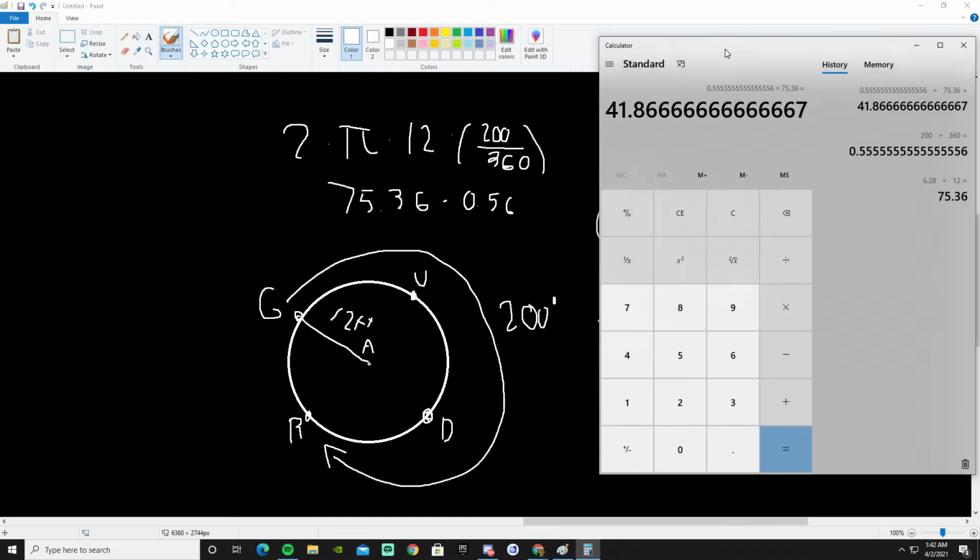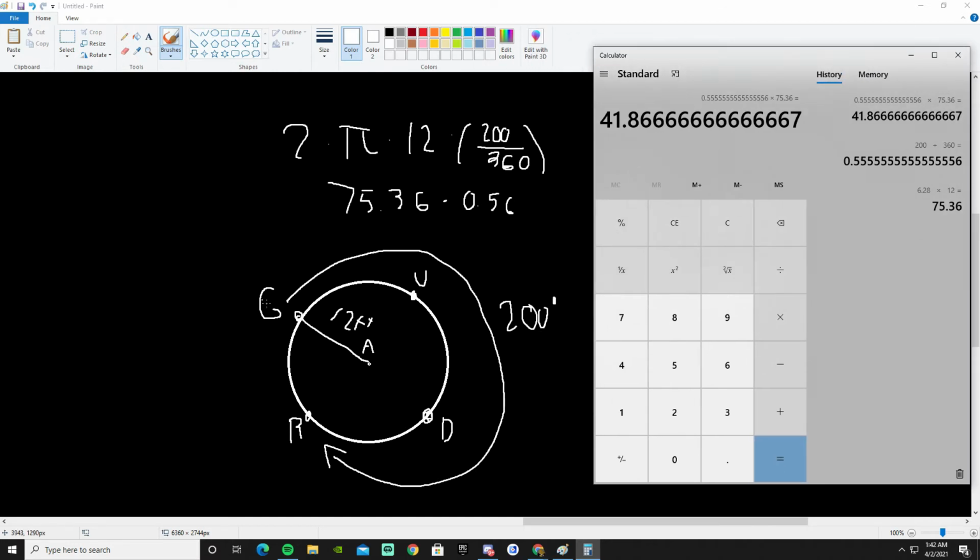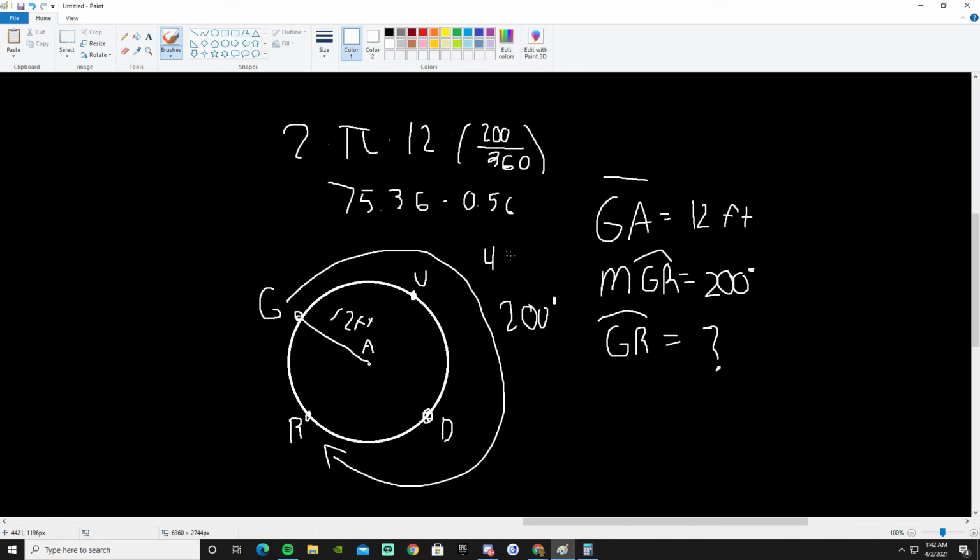This would be the length of GR. So this would be 200 degrees, and it would also be 48.16 feet. That makes sense.